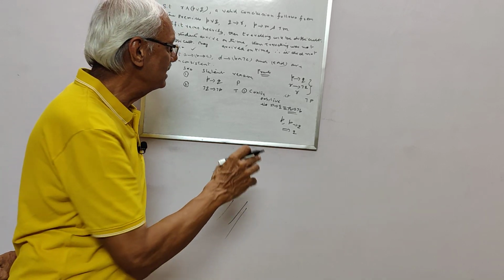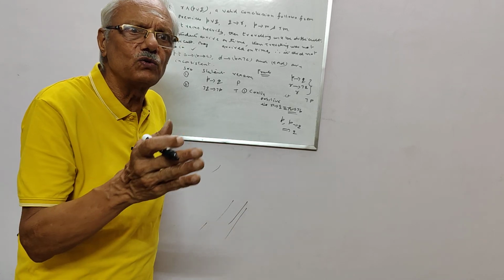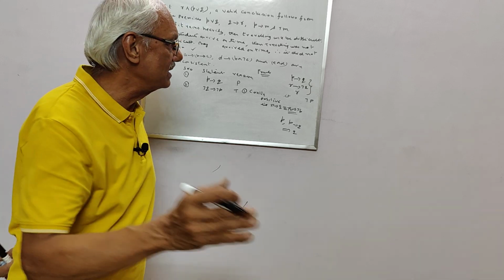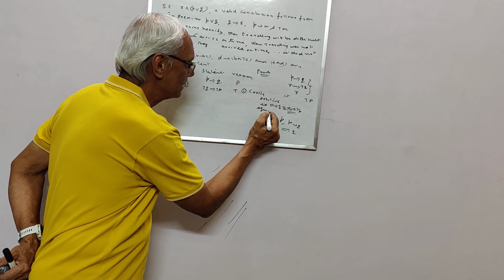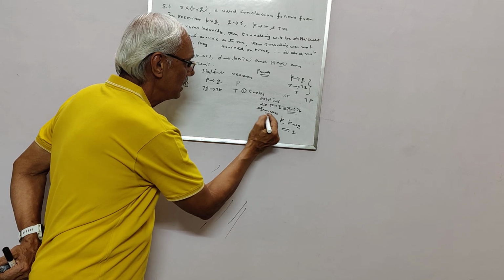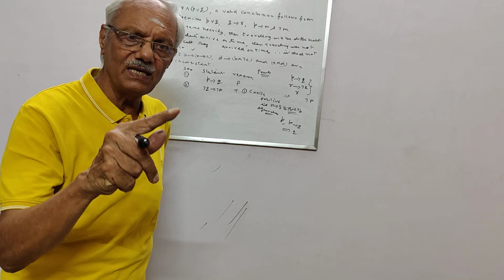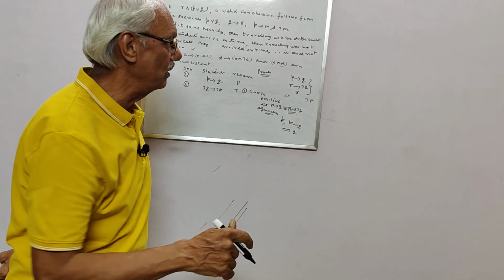So it is tautologically true that P implies Q means negation Q implies negation P, or we call it equivalences. This is contrapositive equivalence. Equivalence means they are equal: P implies Q is identically equal to negation Q implies negation P.